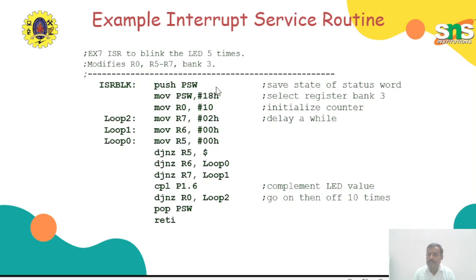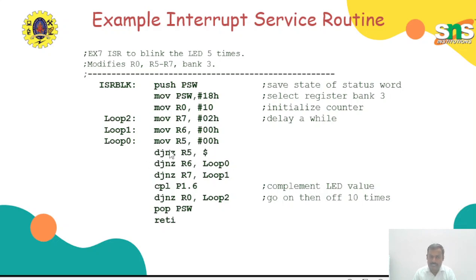This is to avoid overwriting the already computed data. Again we are loading values: MOV R0, #10; MOV R7, #2; MOV R6, #0; MOV R5, some value. This is for a simple delay calculation. The inner loop is DJNZ R5 to the instruction itself, so this instruction is repeated R5 times.